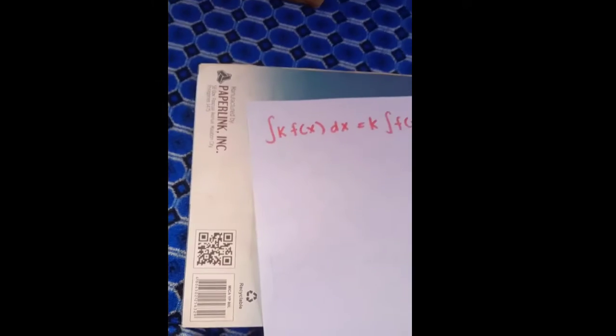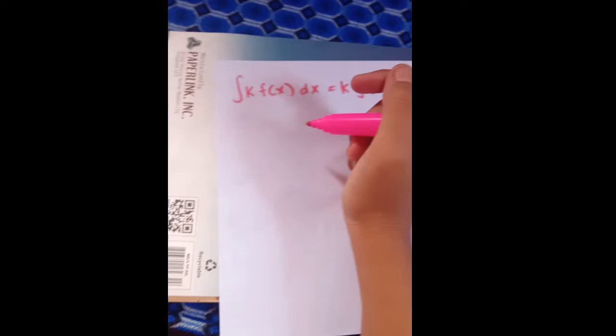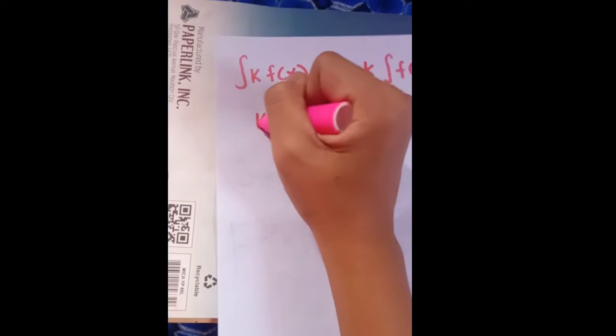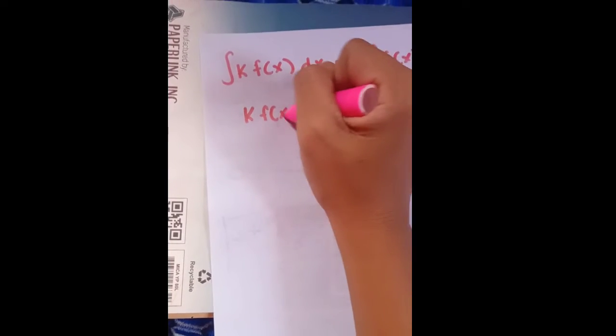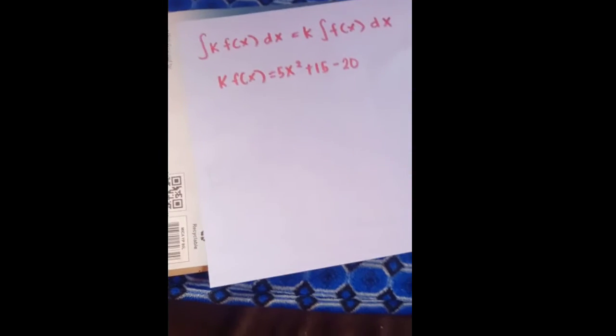So let's have an example. So k f of x is equal to 5x squared plus 15x minus 20.